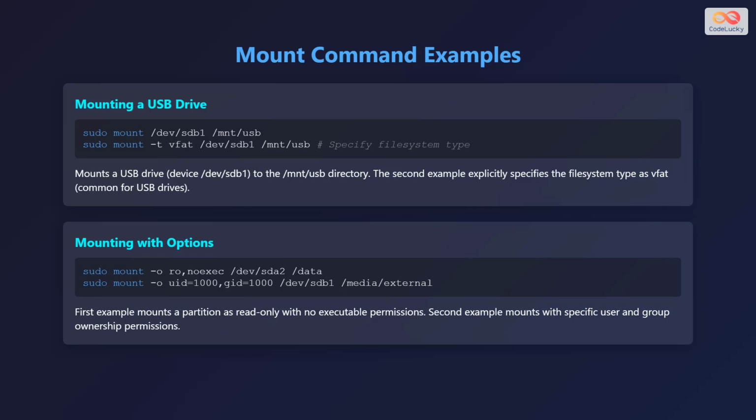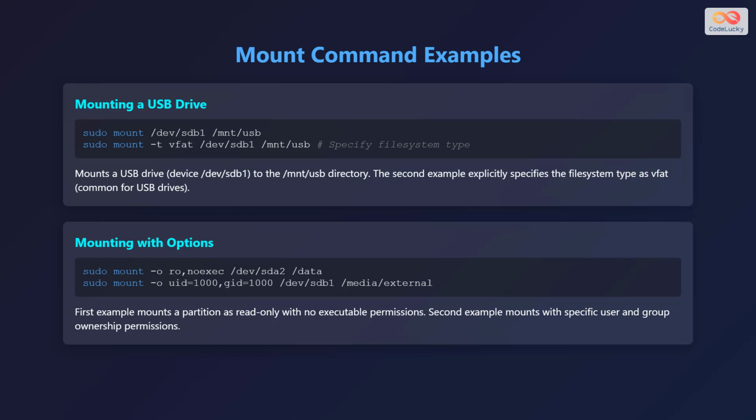Let us see some mount command examples. To mount a universal serial bus drive, use sudo mount /dev/sdb1 /mnt/usb. To specify the file system type, use sudo mount -t vfat /dev/sdb1 /mnt/usb. This specifies the file system type as vfat, which is common for universal serial bus drives.